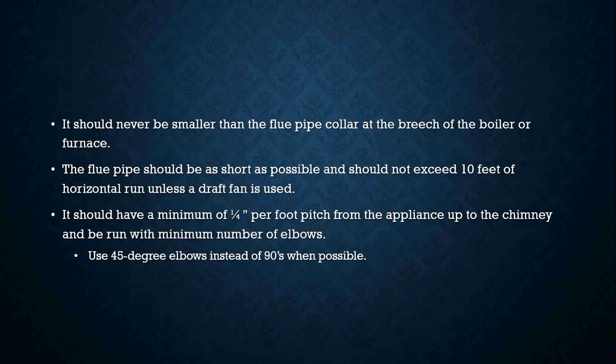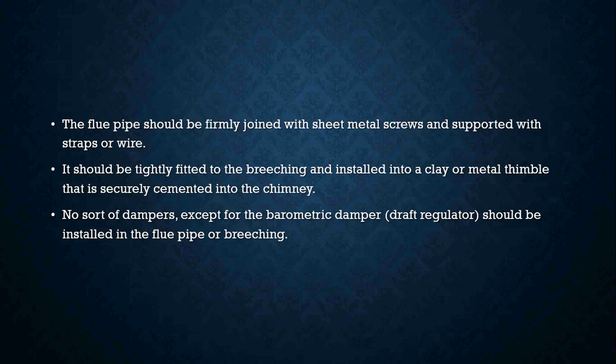It should have a minimum of 1/4 inch per foot pitch from the appliance to the chimney and be run with a minimum number of elbows. Use 45-degree elbows instead of 90-degree elbows if possible. The flue pipe should be firmly joined with sheet metal screws and supported with straps or wire.